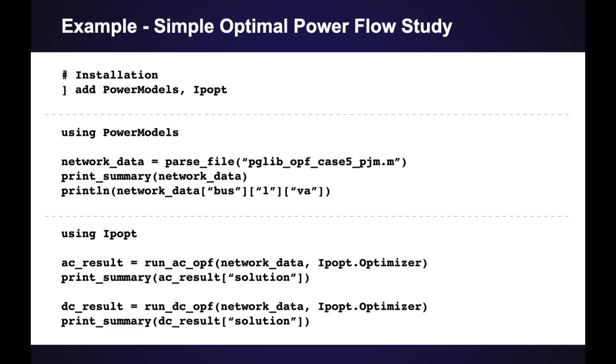You give it the network data and the optimizer, and what it does is build a JuMP model for you, encode the problem, solve the JuMP model, and then decode the answer into solution data that is standardized across different infrastructure model packages. So you can see when you do print_summary on the AC result solution, this is going to give you the solution data that's re-encoded into the data standards of these packages.